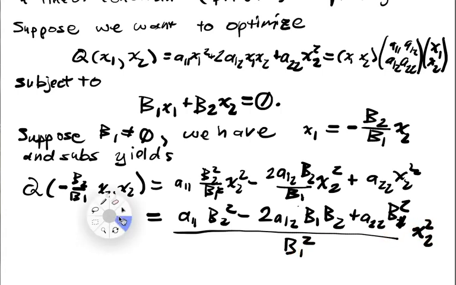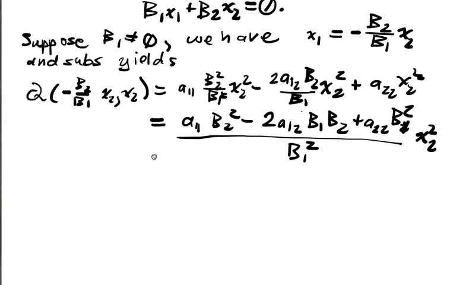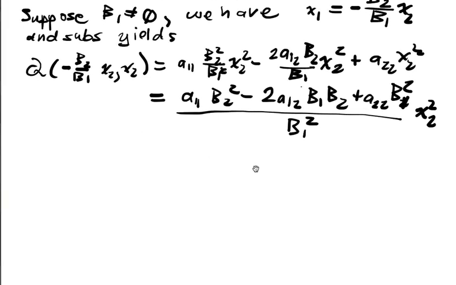So it's just a simple quadratic function, no linear term, no constant term in terms of x2. And this coefficient determines exactly whether this quadratic form is positive definite, indefinite, or negative definite. So this is now a quadratic form for x2.